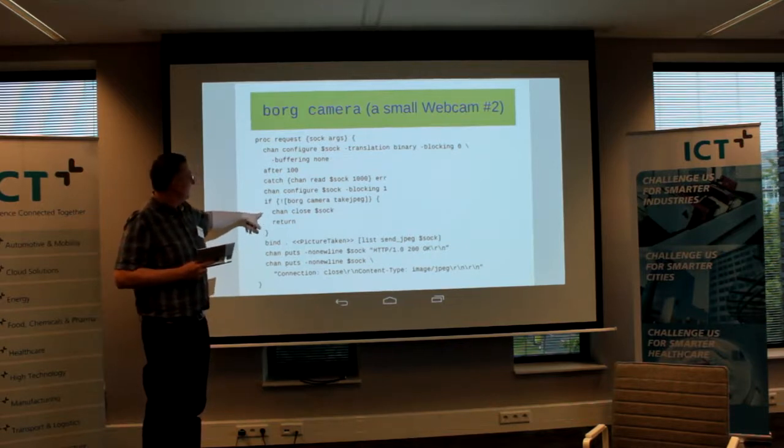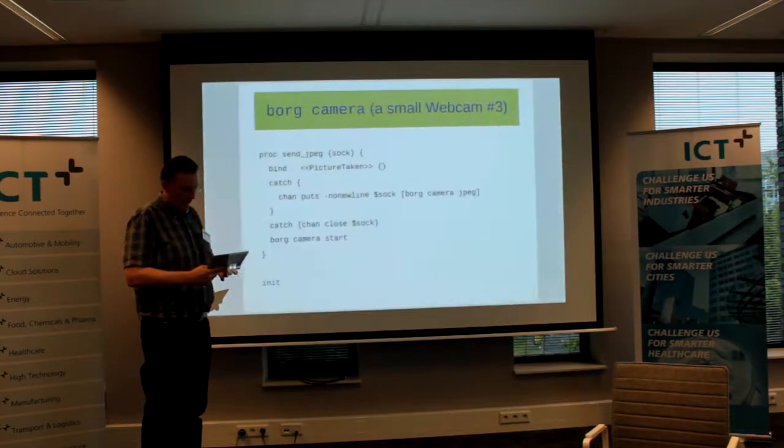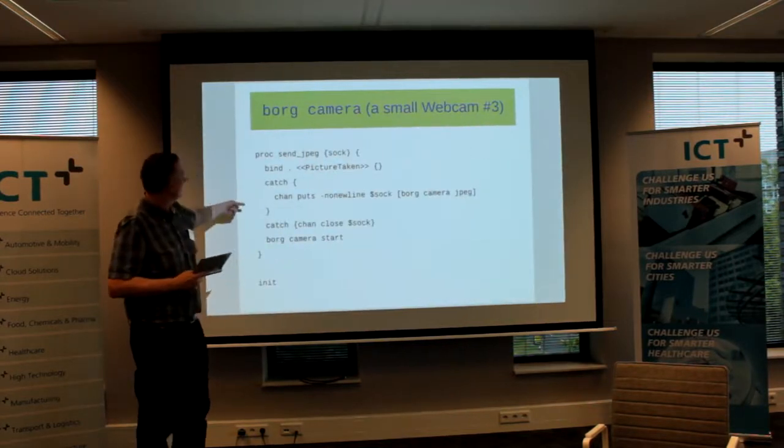If that fails, we are finished. Otherwise, here you see the binding, which then sends the JPEG onto the socket with HTTP header in front of it. And that's the send function. That's it.